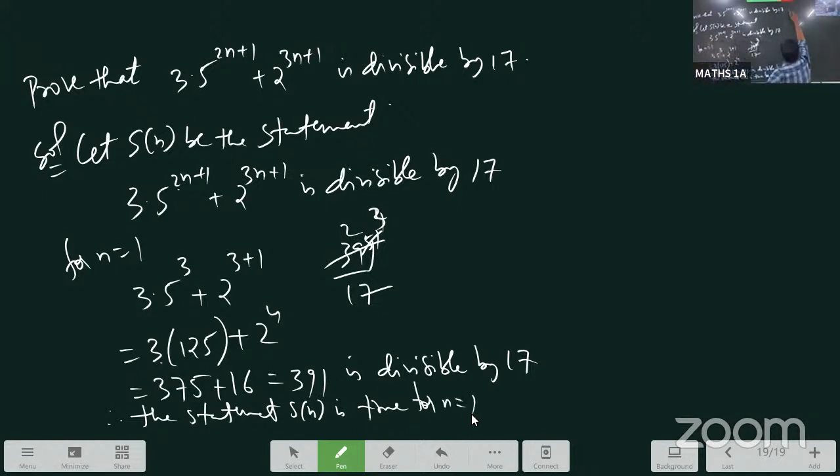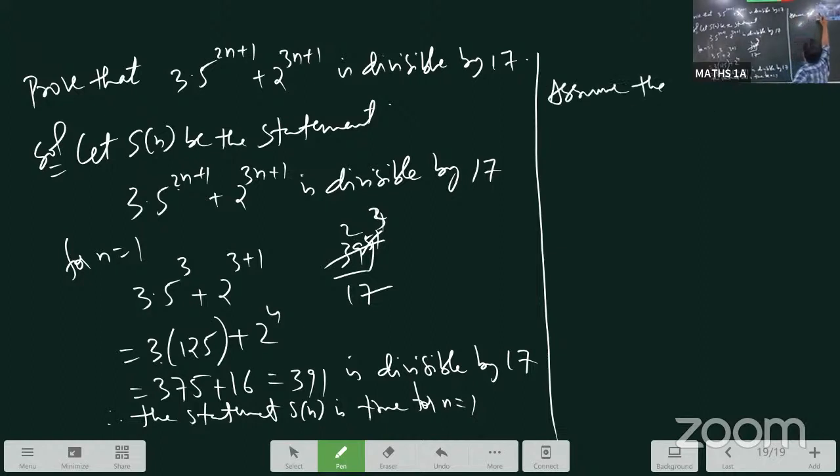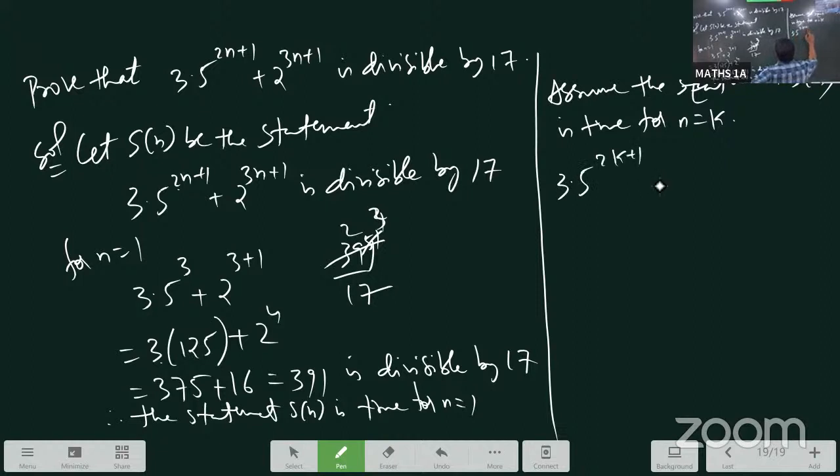Now assume the statement S of n is true for n equal to k. That is 3 into 5 to the power 2k plus 1, plus 2 to the power 3k plus 1 is divisible by 17.